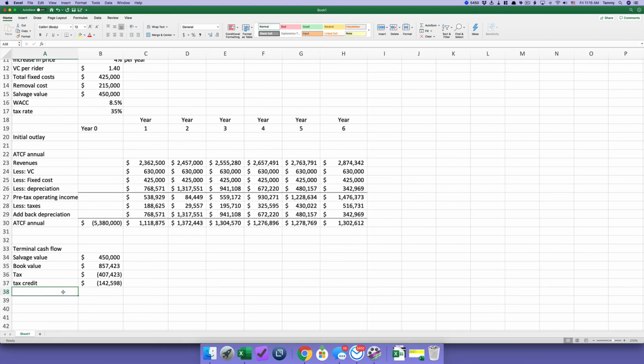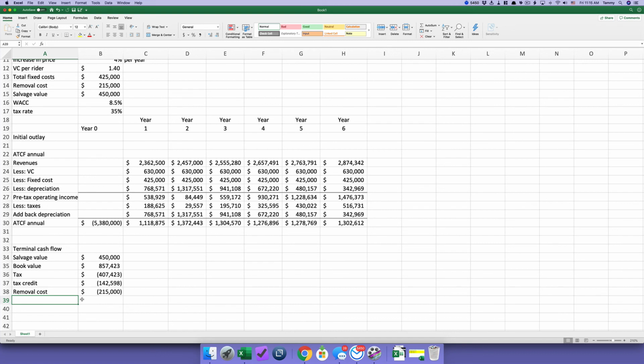Okay, the other thing we need to consider is the removal cost. Right, so our removal cost is going to be pre-tax, right? So it's going to be a negative cash flow here. That's our pre-tax cash flow, but that's an expense, right?